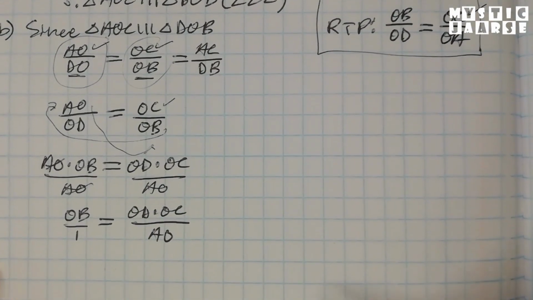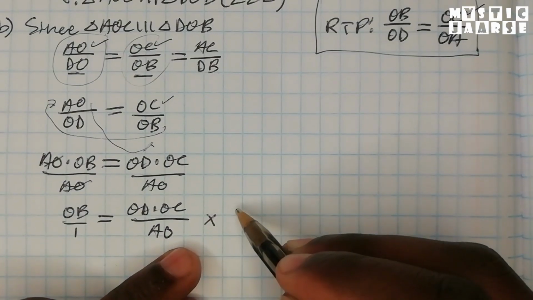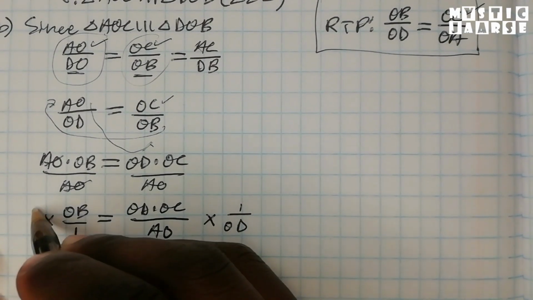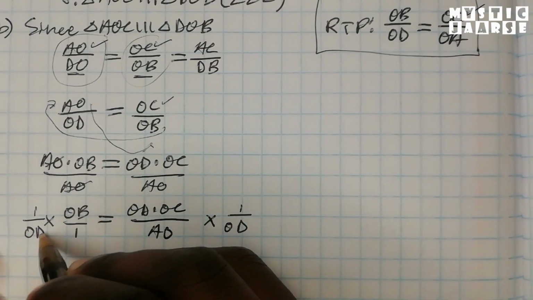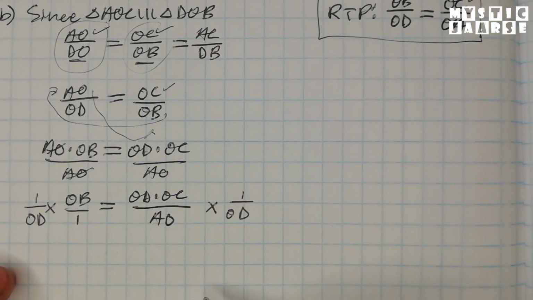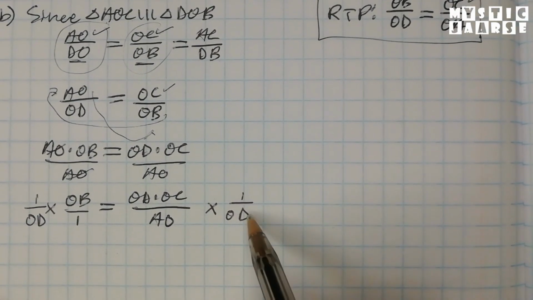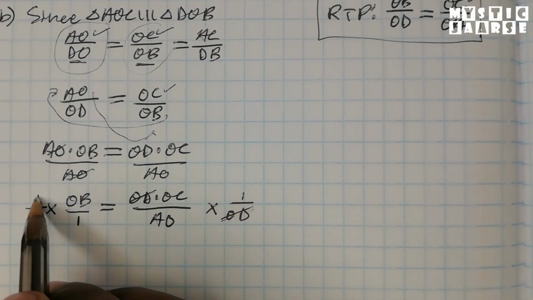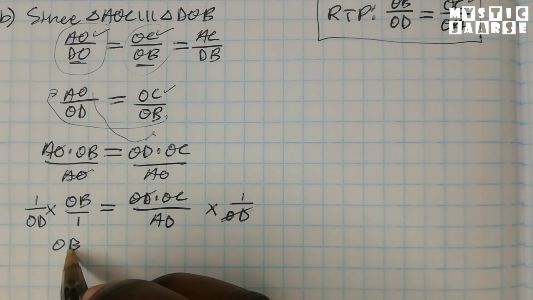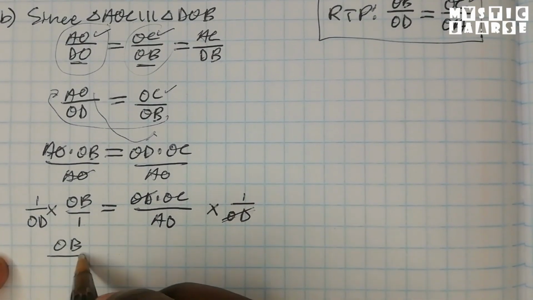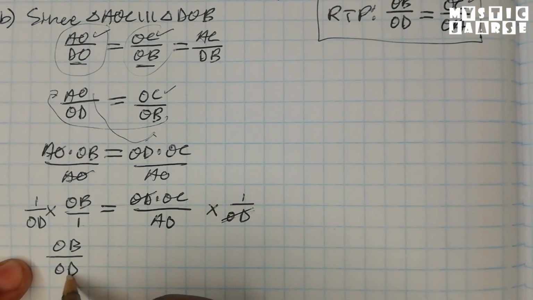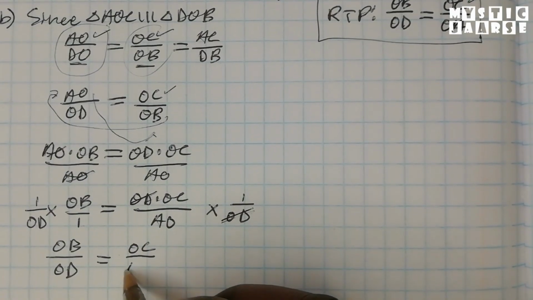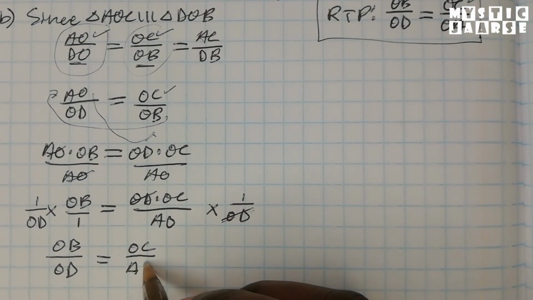So how do I do that? I multiply both sides by 1 over OD. So on this side, this OD will cancel with this one, and on this side 1 will multiply with OB and OD will multiply with 1, so I'll get OB over OD is proportional to OC divided by AO.